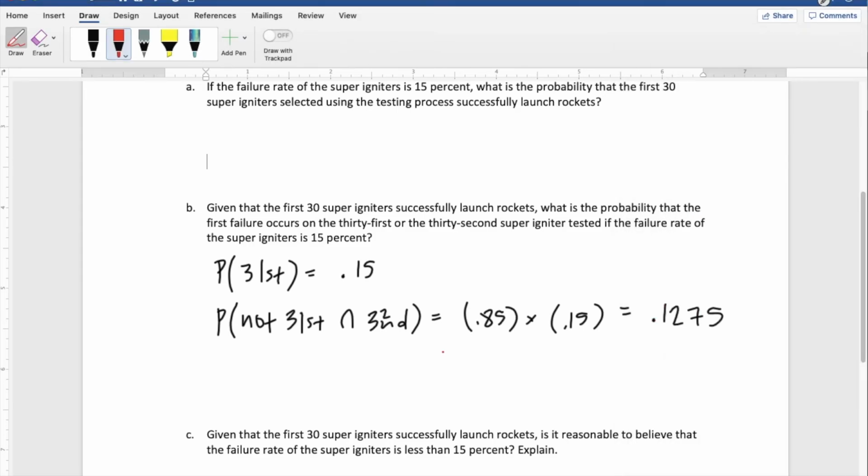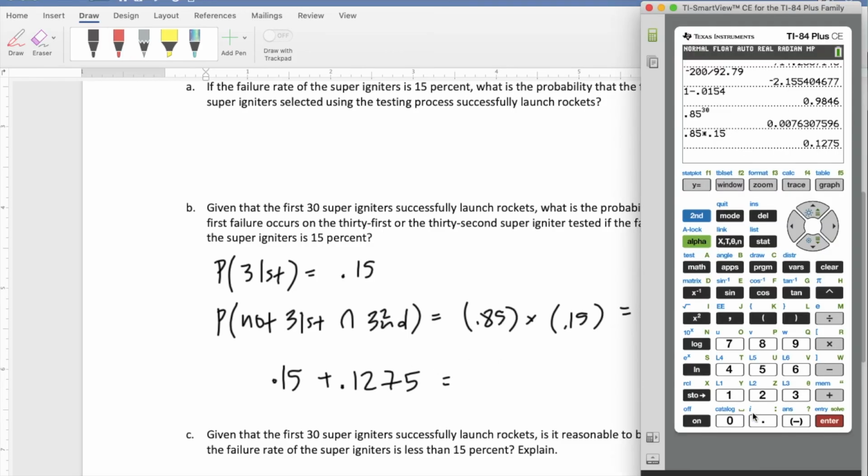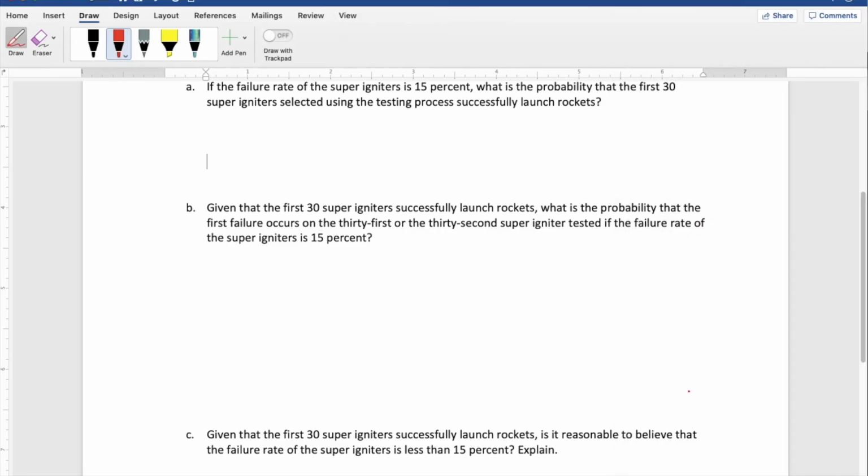And so the total probability that the failure occurs either on the 31st one, or not on the 31st and on the 32nd one, is going to be those two added together. So this one, in theory, is a little bit simpler than it seemed at first. So 0.2775.